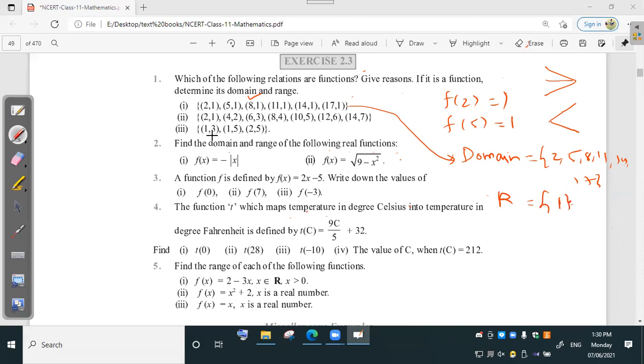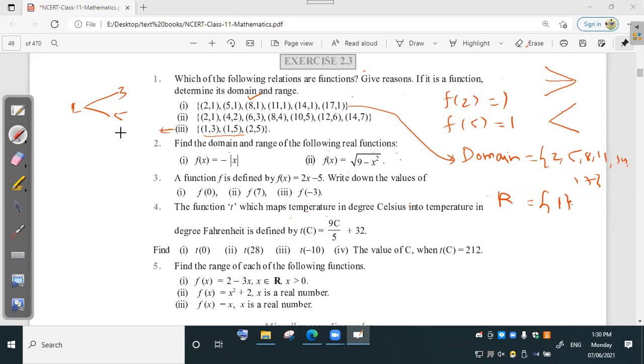So like this, you can see here. Looking at the first elements, 2, 4, 6, 8, 10, 12 have different images. Here it is not a function because one has two images, 3 and 5. One has image 3, and one has image 5 also.